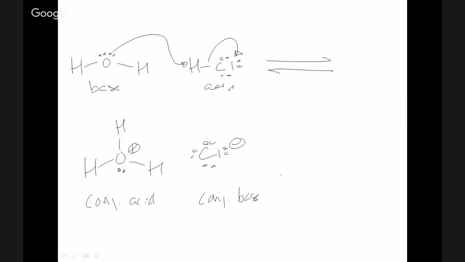Okay, lots more examples. I'm going to give you some take-home examples here. I want you to fill in lone pairs. I want you to think about what happens with HCl. If there are no lone pairs shown, they're implied. Okay, I gave you this one because it's a carbanion.